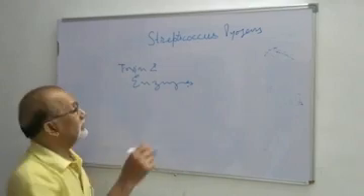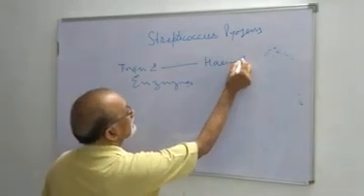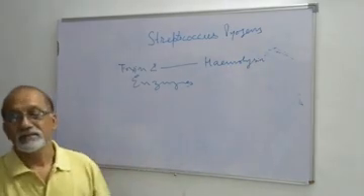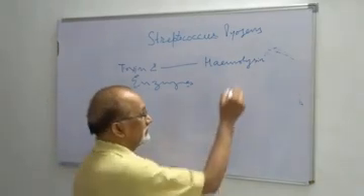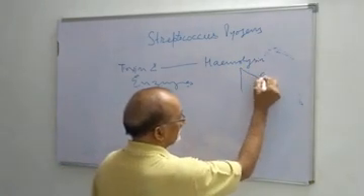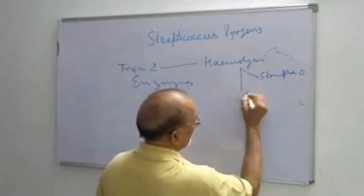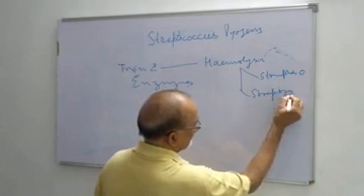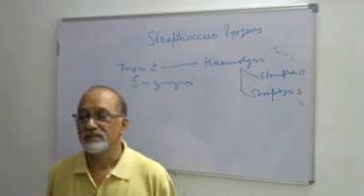Toxins, hemolysin, this is one, in which we will see streptolysin O and streptolysin S. These are the two hemolysins.